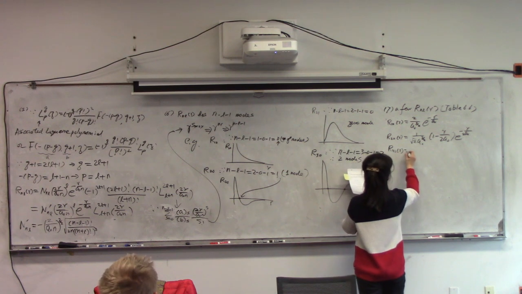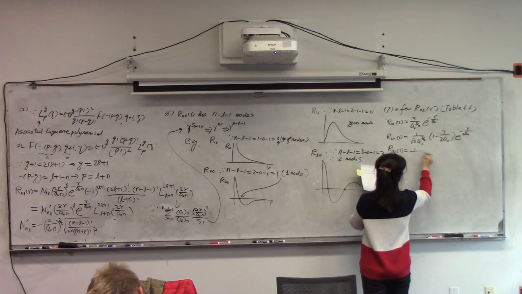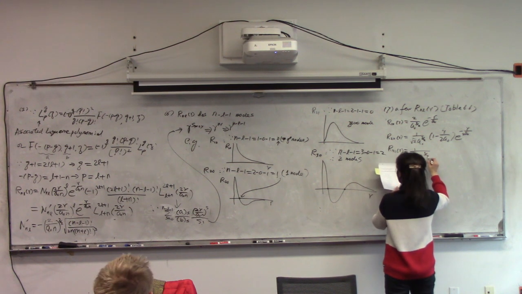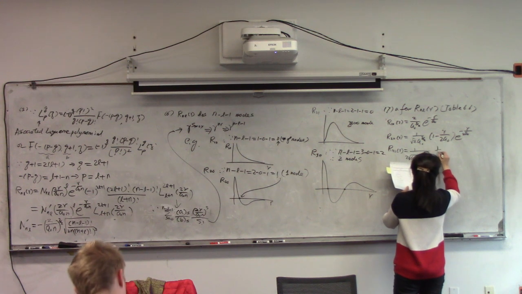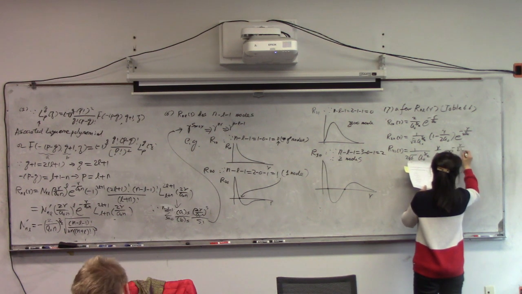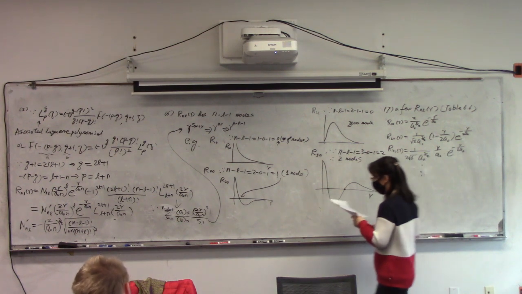R21 is 1 over 2 square root of 6, a naught to the 3 over 2, r over a naught, exponential of minus r over 2 a naught, and others. Just go to the table.